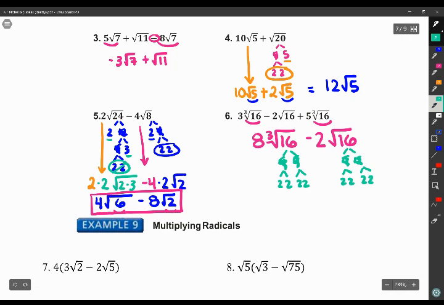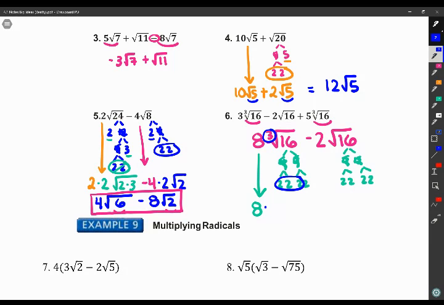Notice with this one as well is that 8 is already on the outside. So when I look for pairs, I have a pair, here I'm looking for 3 of a kind. So I have a pair of 3s, so it's a 3. I have 3 2s, so a 2 is going to come out, and this 2 stays underneath the cubed root sign. So there's a 2 left over.